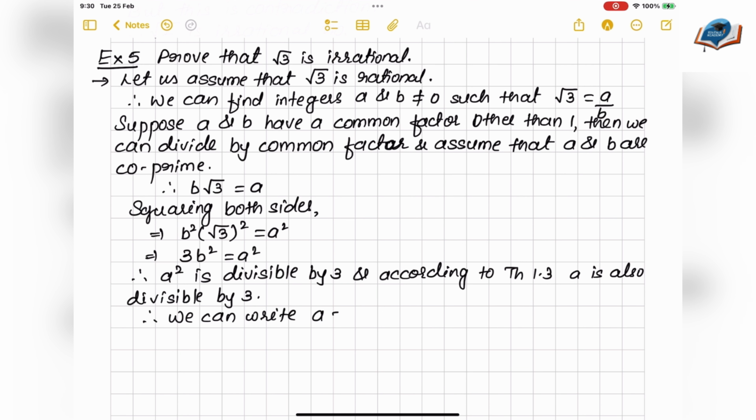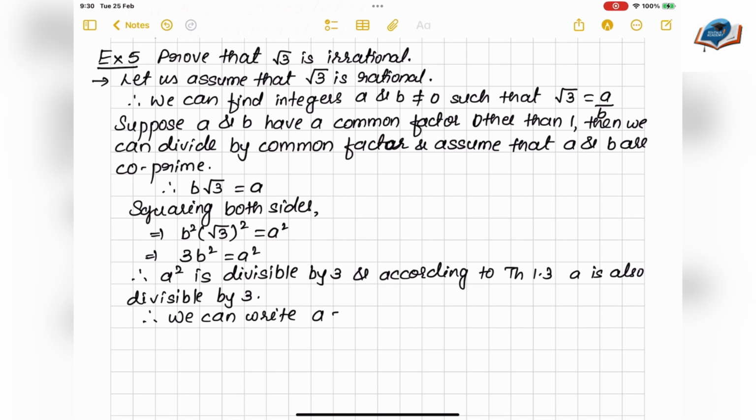Now, putting equation 2 in 1, I will have 5Q square equal to 25C square.